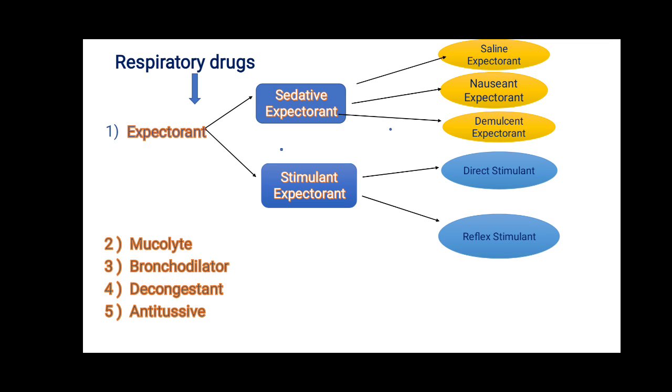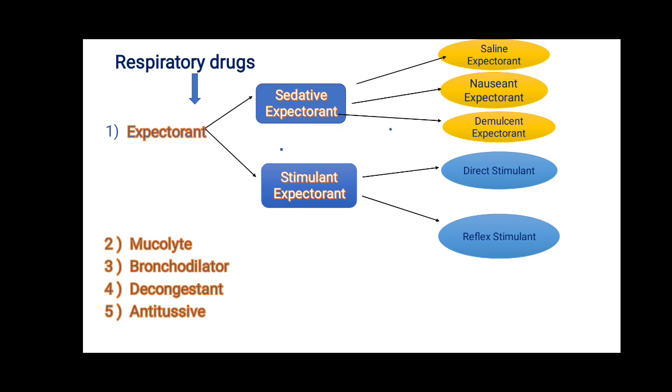Expectorant drugs are useful in the treatment of cough due to irritation of respiratory mucosa below the epiglottis. You know the epiglottis, it is a flap made up of cartilage covered with mucosa.